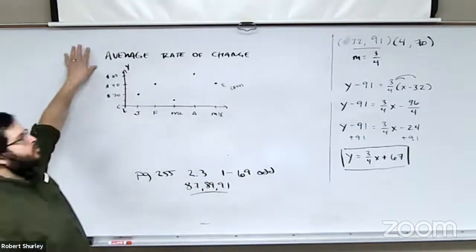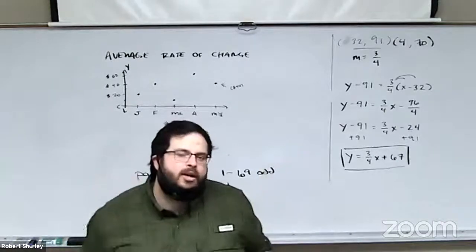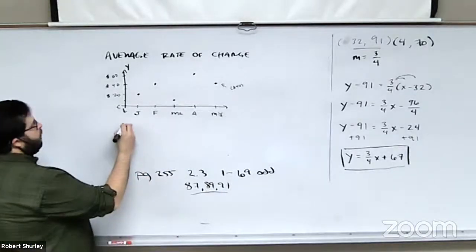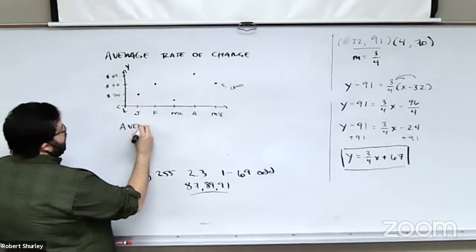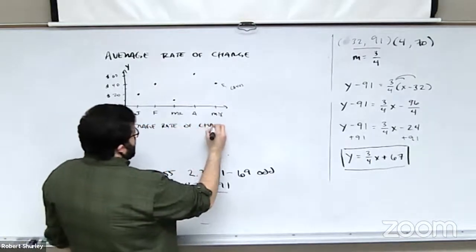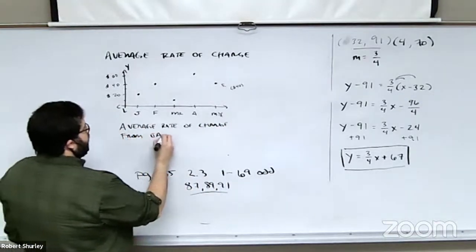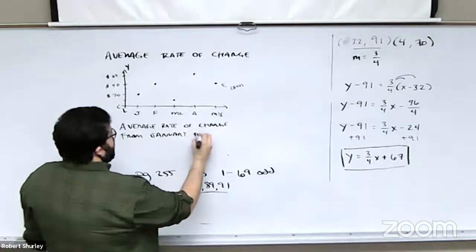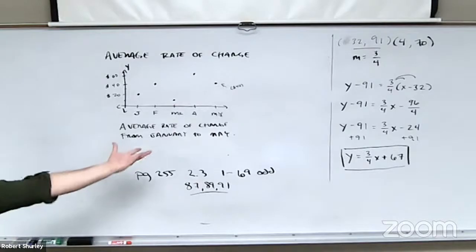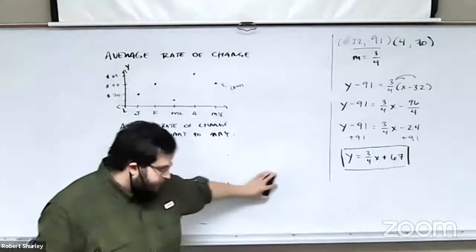So to find the average rate of change, you're actually going to find the slope between two coordinates on this graph. I want to know the average rate of change on my spending habits at McDonald's from January to May.